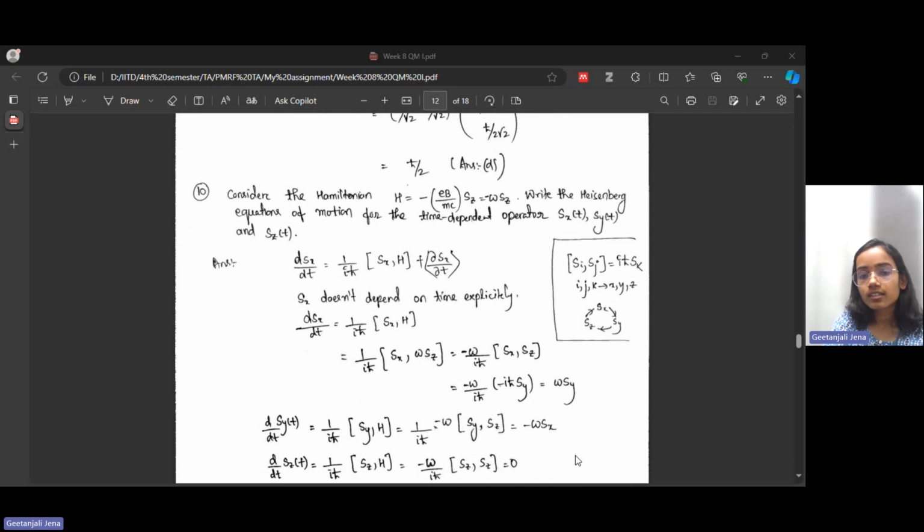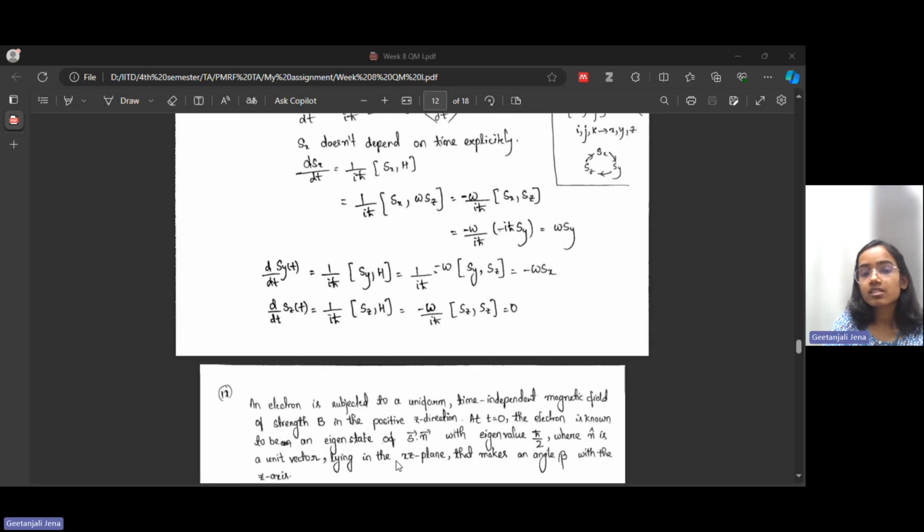And for Sz, you can calculate the commutation relation of Sz with Sz, but that will be 0. So that means the Heisenberg equation for Sz will be 0. This is how you can calculate the Heisenberg equation.